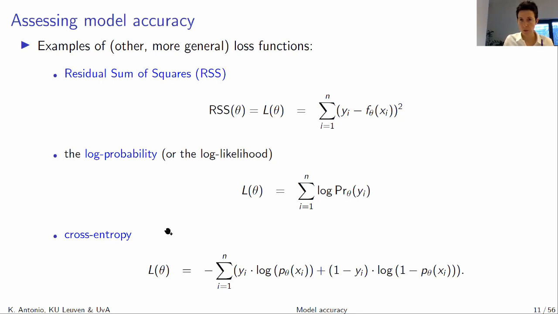If I look at a classification problem, think about a 0-1 problem, where y denotes outcome 1 and 1 minus y denotes the alternative, so the target is either 0 or 1, and p is the probability of seeing outcome 1, then I can construct what is called the cross entropy measure.